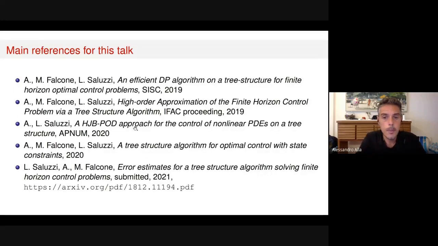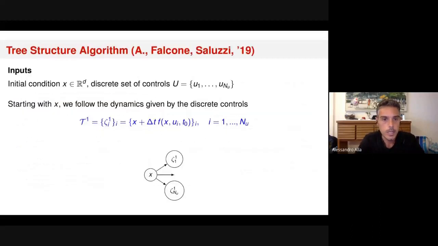Also, we have used this method of the tree structure with model reduction in Applied Numerical Mathematics last year. We also have done optimal control with state constraints and error estimates. So these are the 5 references if you are interested. Of course, feel free to contact me if you want the paper or you just want to discuss something.